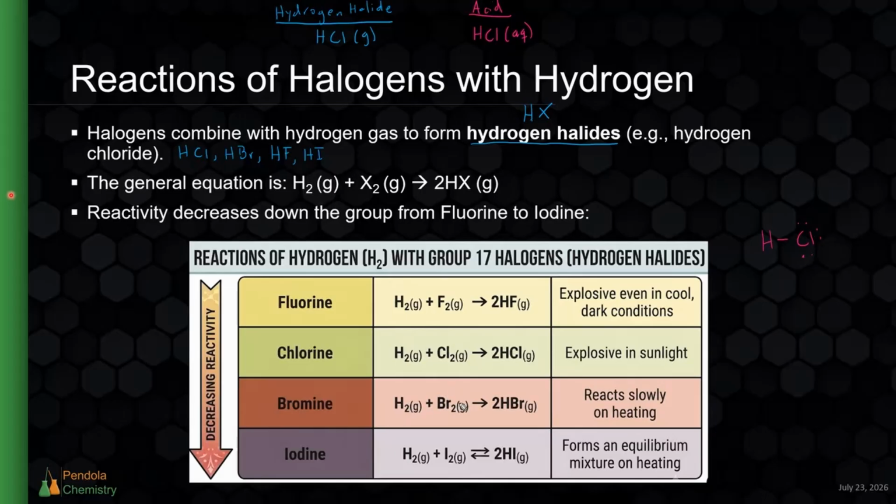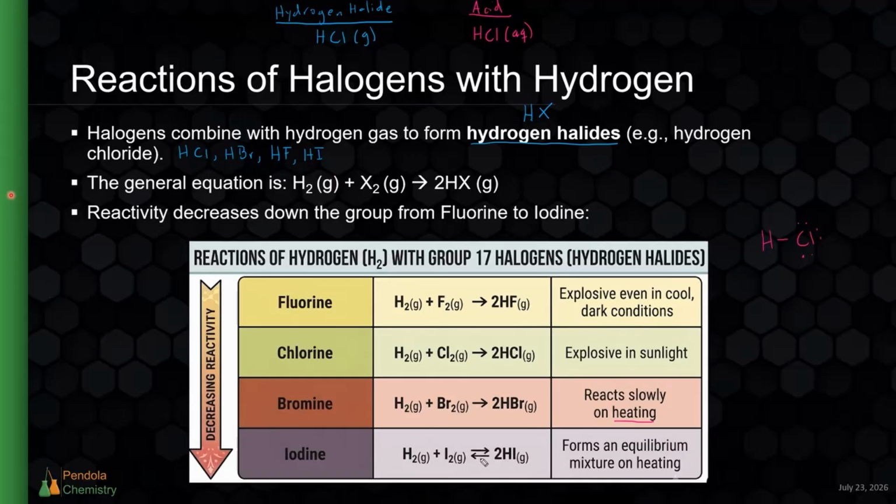The reaction between hydrogen and bromine gas is slower, and it has heating as a condition that is needed for the reaction to happen. It requires a source of energy, and it will happen slowly. So this shows you that bromine is less reactive than chlorine and fluorine, because the reaction is not as volatile.